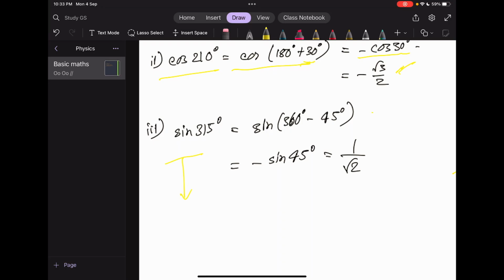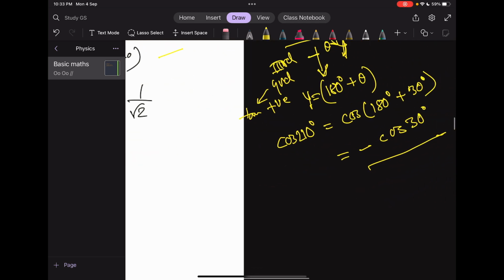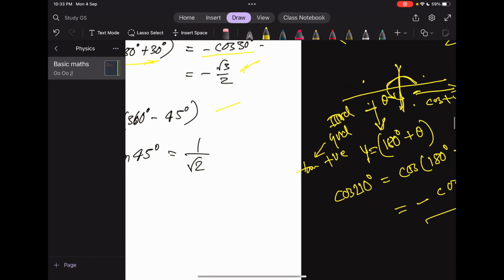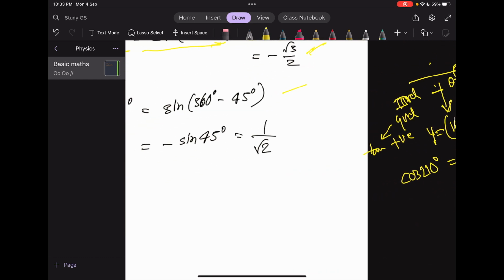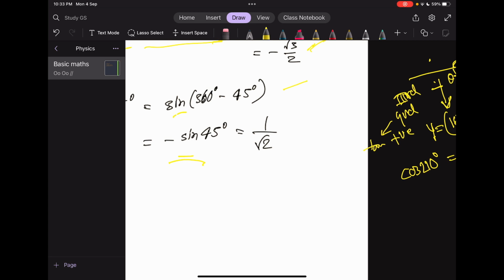So I can write sine of 360 degree minus 45 degree. It is in the fourth quadrant. In case of the fourth quadrant, only cos is positive. So the value of sine must be negative. So minus sine 45, and the value is minus 1 by root 2.